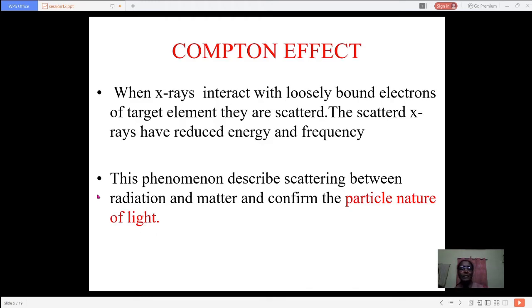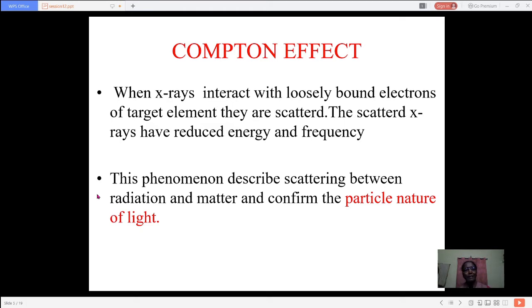So let us see what is Compton Effect. When high energy radiation, that is high energy electromagnetic radiation, was made to be incident on the electrons which are loosely bound to their atoms, then the X-rays or the incident radiation gets scattered.